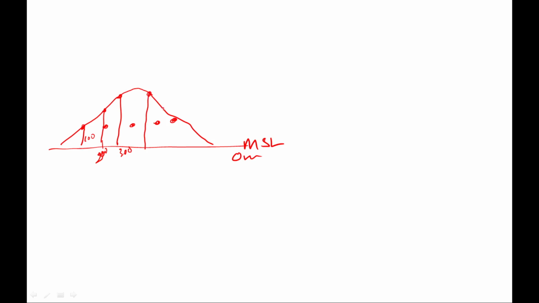Here another point which is 100 meters, like that. So if you join these 100 meter points, this will give you a line.